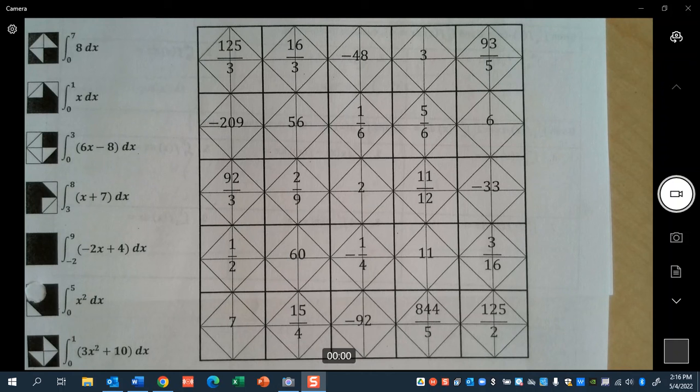So finding the integral of each of these and then coloring in the box of that answer with the pattern that you see shaded. And the one hole punch goes through, but I think you can still figure out what you would need to color.